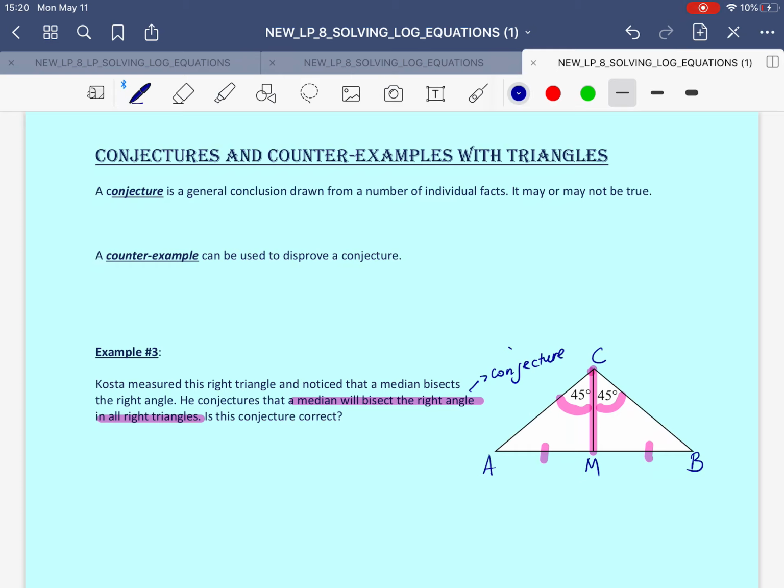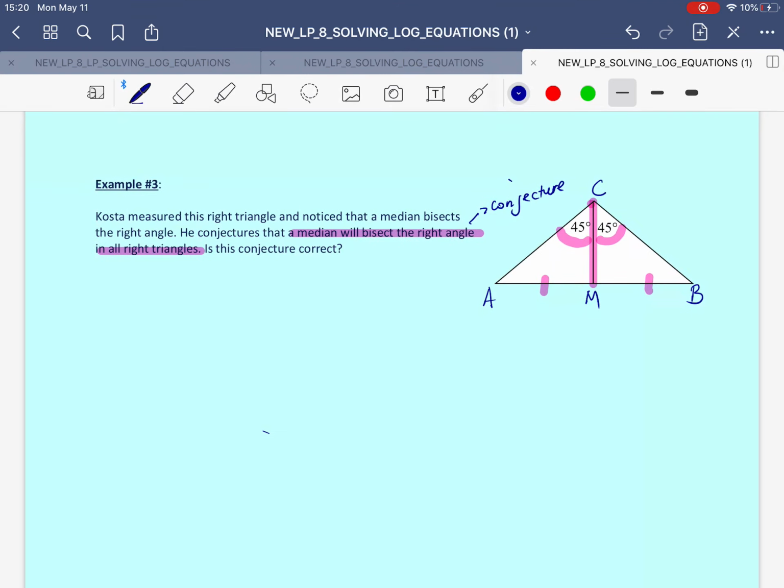Okay, and we don't know if this is true or not, but we have to prove it. So we're going to build a counterexample. And here is another right angle triangle that I'm going to draw. I will find the midpoint of the hypotenuse. I'm just eyeballing it for now. And I will connect it to the vertex where the angle is 90.